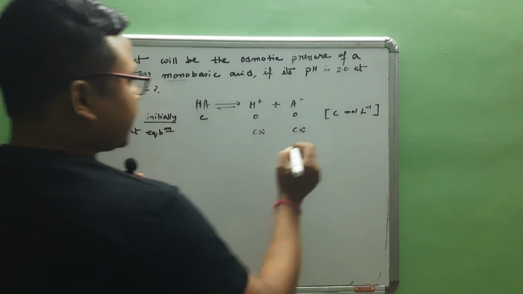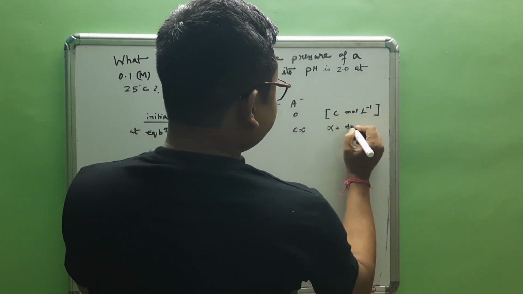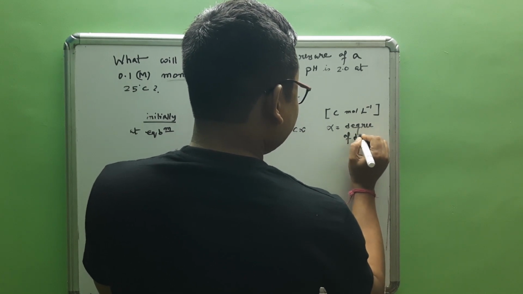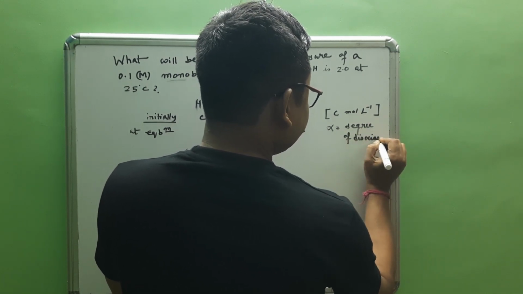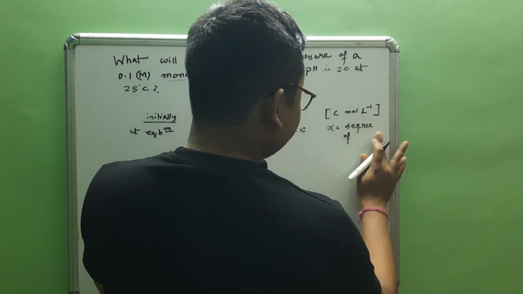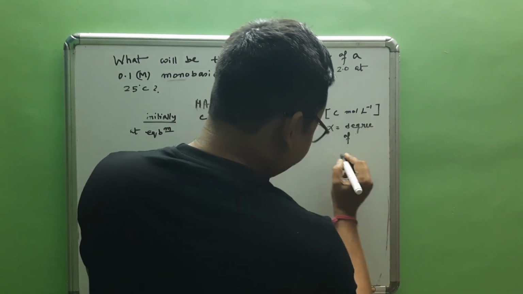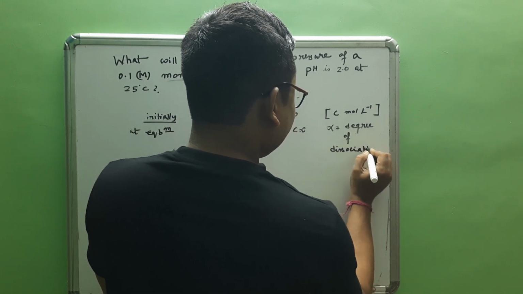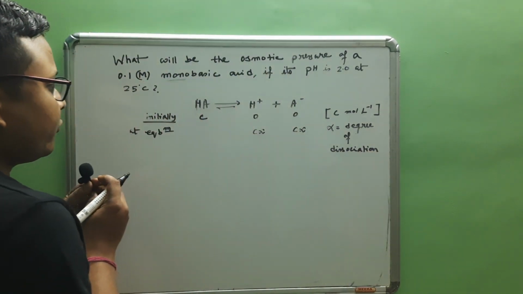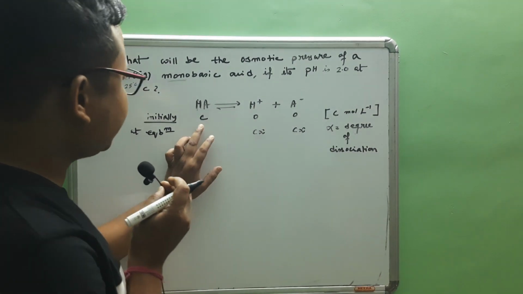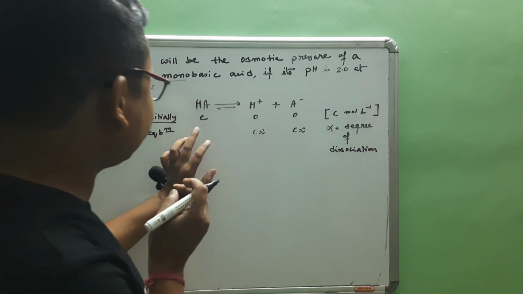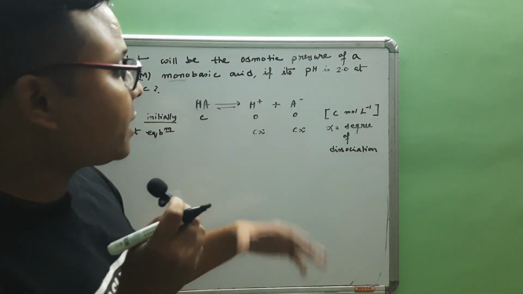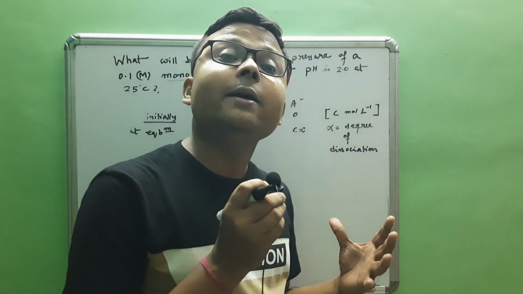Why is it C alpha? What is alpha? Alpha is the degree of dissociation. From C moles of HA, C alpha moles of H plus ion as well as C alpha moles of A minus ion are produced.